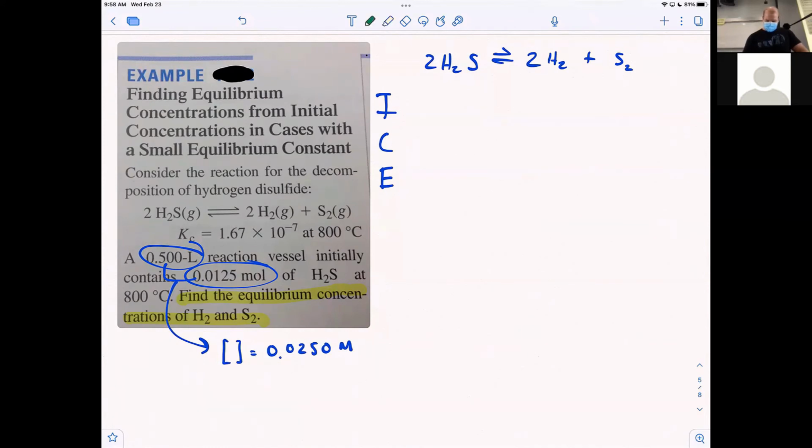So initially we have 0.025 molar hydrogen sulfide, which implies no products. And now we shift right: we gain 2x here, and x here.